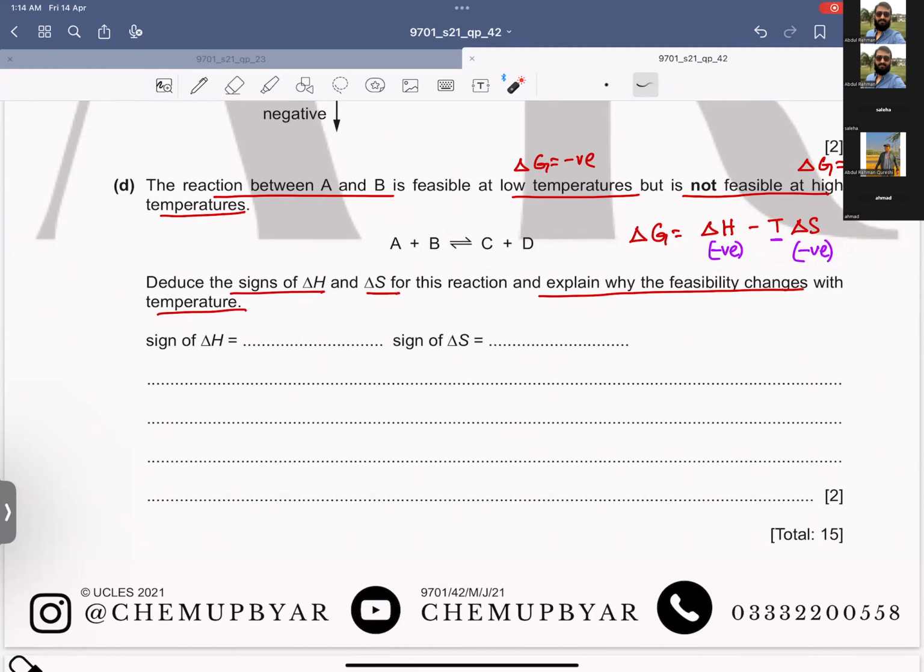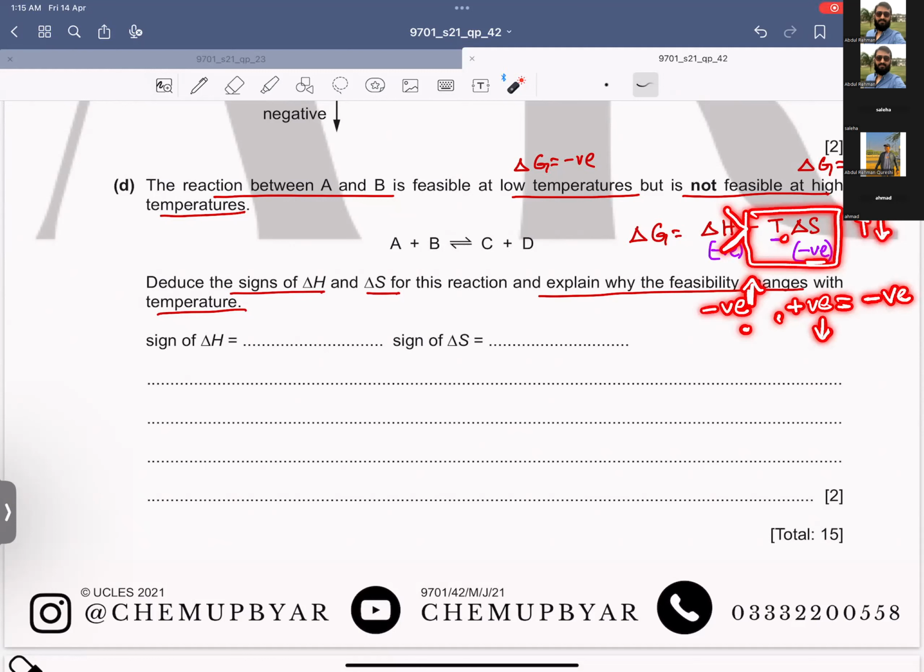I'm repeating again. See, this is negative, and when we put this negative value, then this whole term becomes positive, and delta H is still negative. But at lower temperature, delta H would actually be greater than T delta S. So on solving this, because it's a bigger value and this one is a smaller value, the answer would come with a negative sign, right?